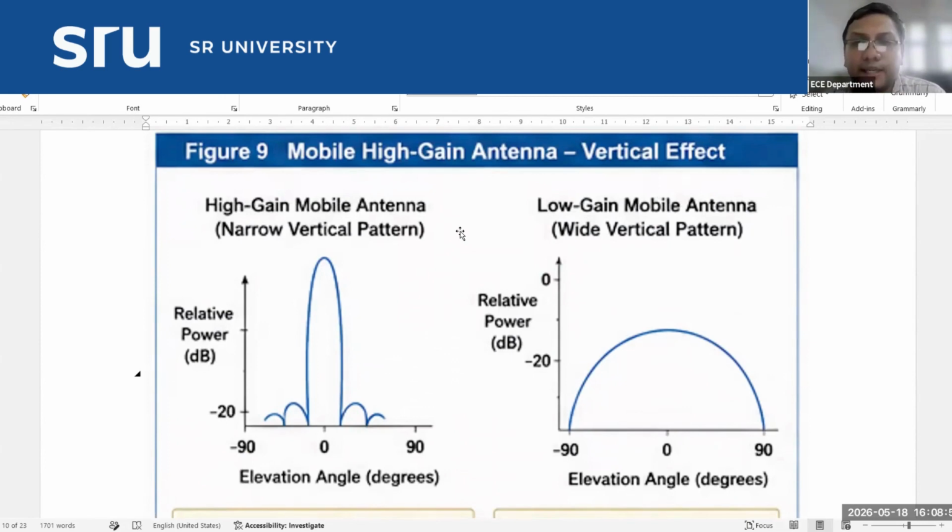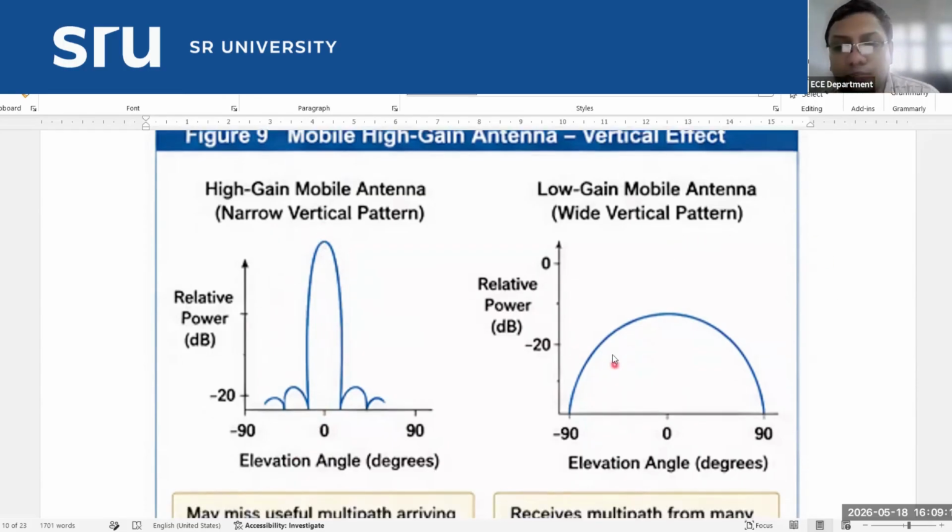Now, when the antenna gain is more, it confines radiation towards a specific direction. That is why, if you can see this figure, the power confinement is very narrow, but the power level is very high.